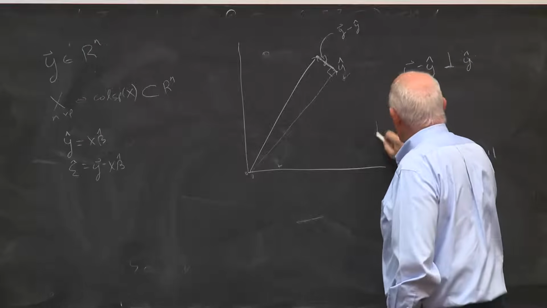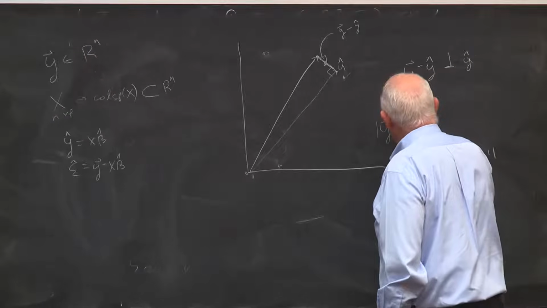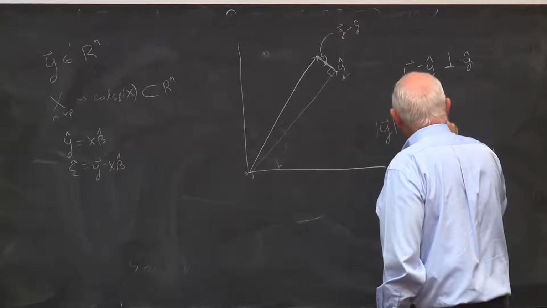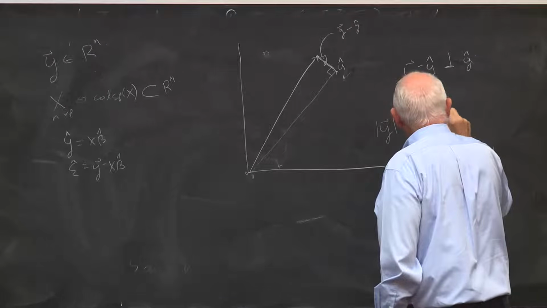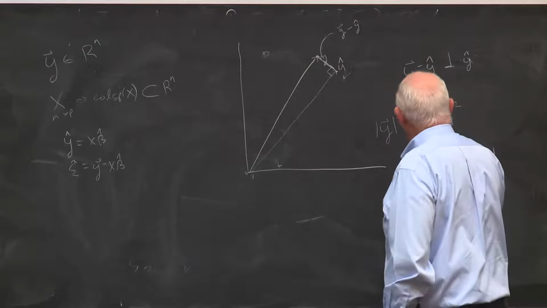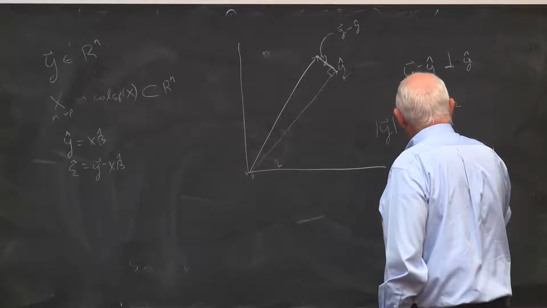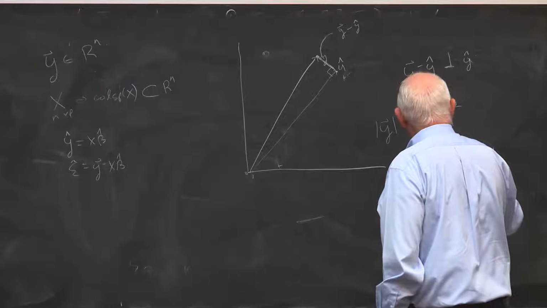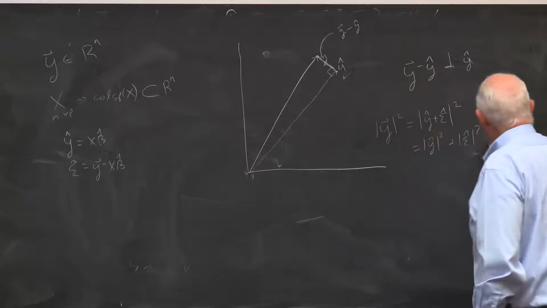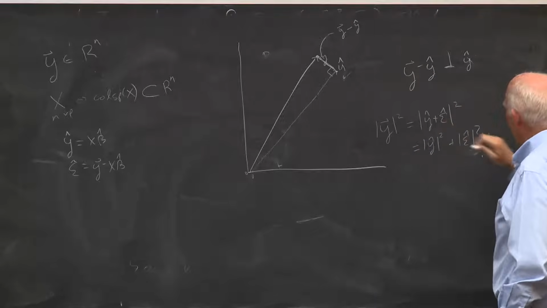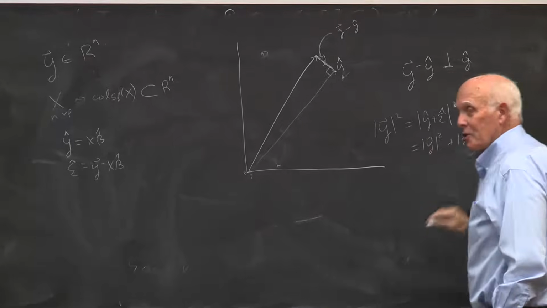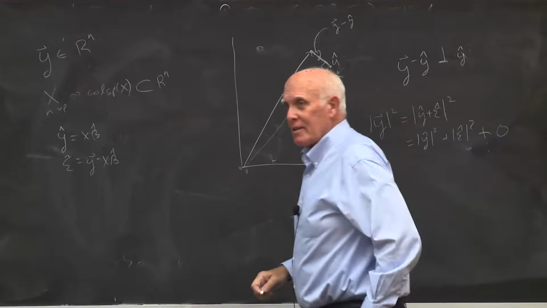And so from this, we have that the squared length of y is equal to the squared length of y hat plus the squared length of the residual vector. If we expand this squared length out, the cross term is 0 because of the orthogonality.